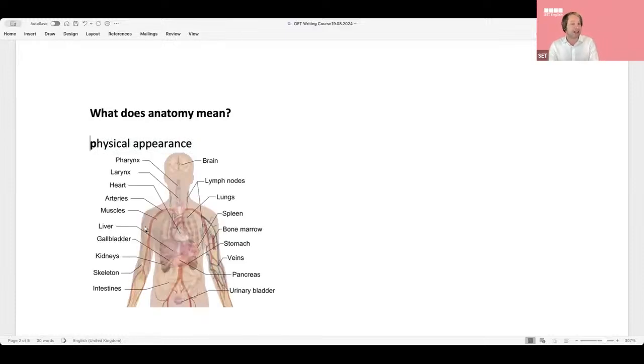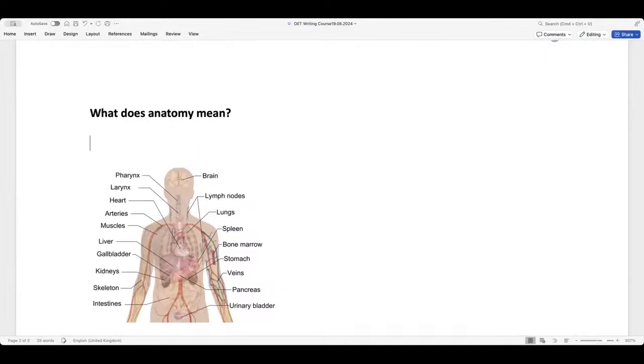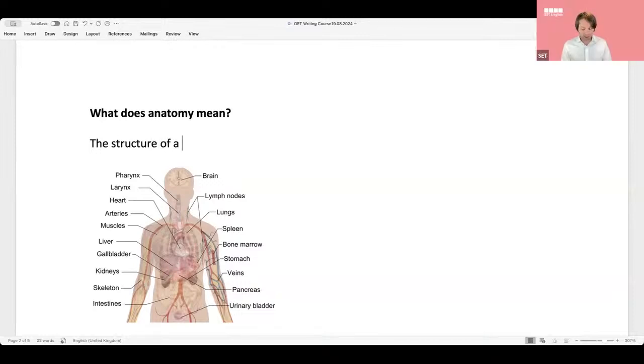I mean, this is an anatomy, right? So what is it? It's not just the appearance. What is it? Anyone? Rita? Marwa? What does anatomy mean? Maybe the structure. Yeah, that's all I'm looking for. Exactly, Rita. Anatomy is like the structure of, usually we use it for a body, right?